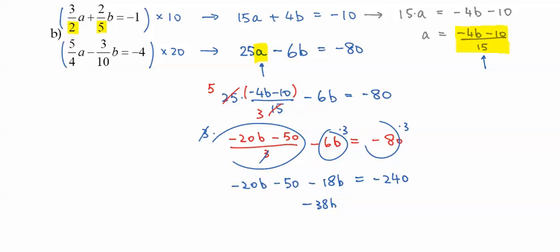Negative 38b equals negative 190. Group the like terms together and solve. Once I have b equals 5, we can now sub it back and find the value of a.